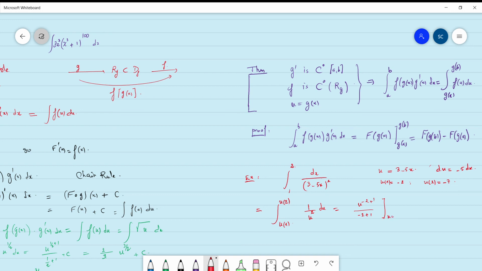So from u equal to minus 2 to u equal to minus 7, which gives us, yes, it gives us 1 over 14 once you do all the calculation.